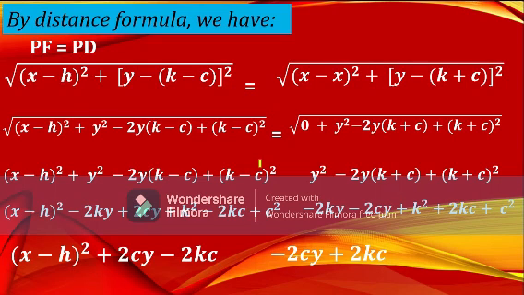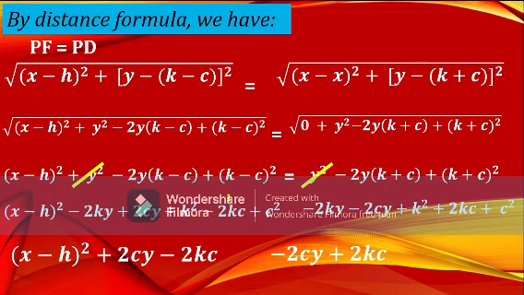Then, next would be (x minus h) quantity squared plus y squared minus 2y times the quantity of (k minus c) plus (k minus c) quantity squared is equal to y squared minus 2y times (k plus c) plus the quantity of (k plus c) quantity squared.